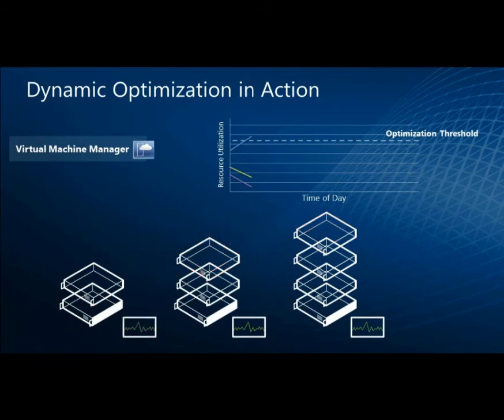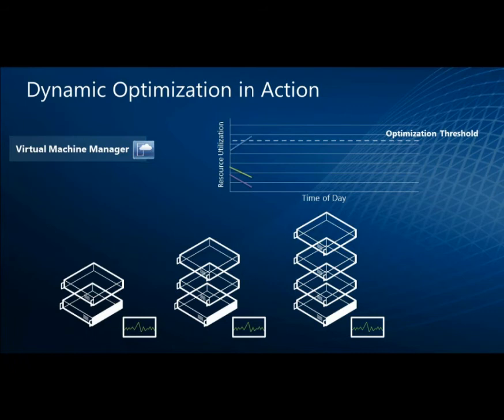So really what we're doing is we're looking at all the different virtual machines on all the different hosts, and we're taking basically a weighted 10-minute average across those systems. And as we find that we've moved across these different host thresholds, we will migrate virtual machines around at the optimization interval.